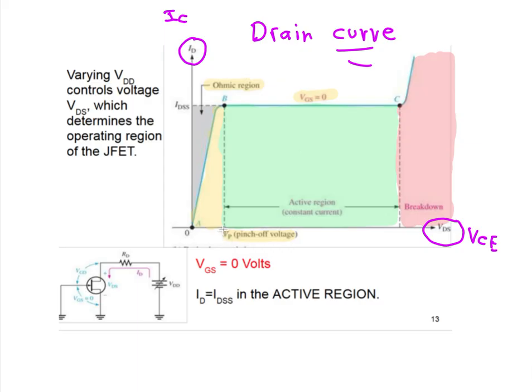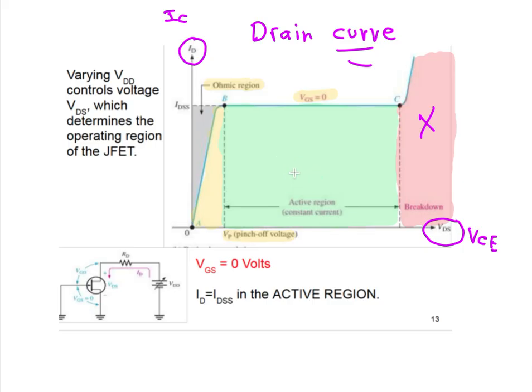So the JFETs, this is breakdown, you don't want to be out here, that's destroying the JFET. They have this active linear constant current region.